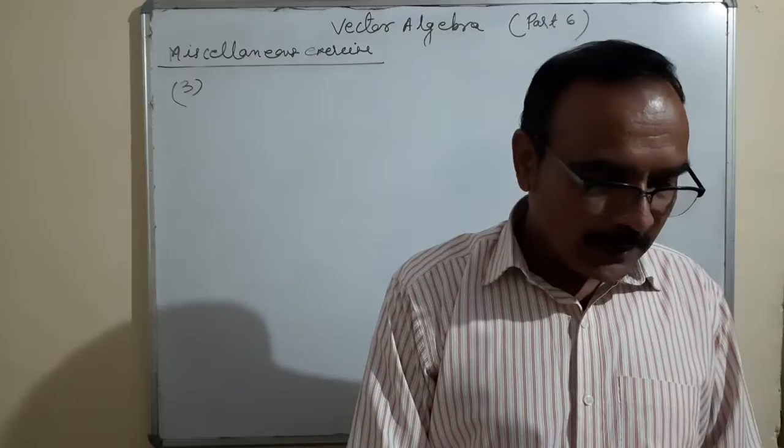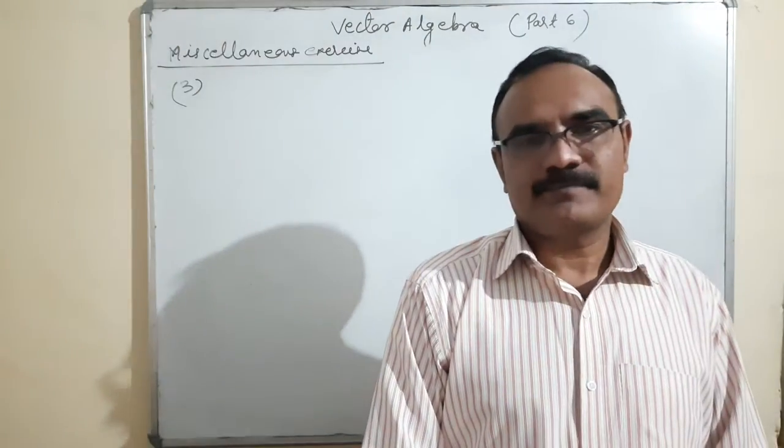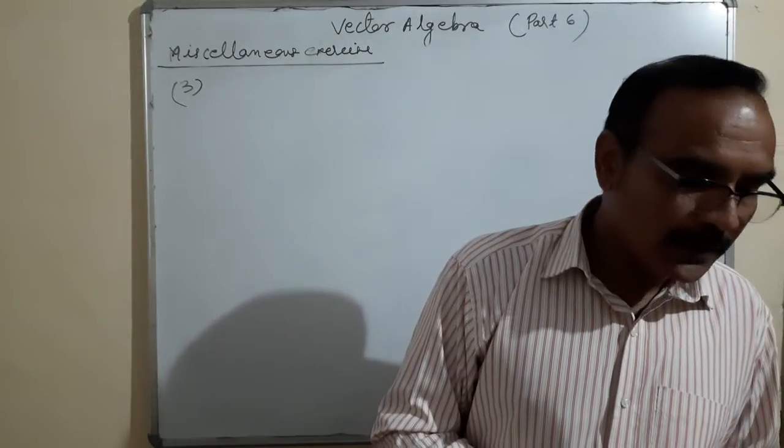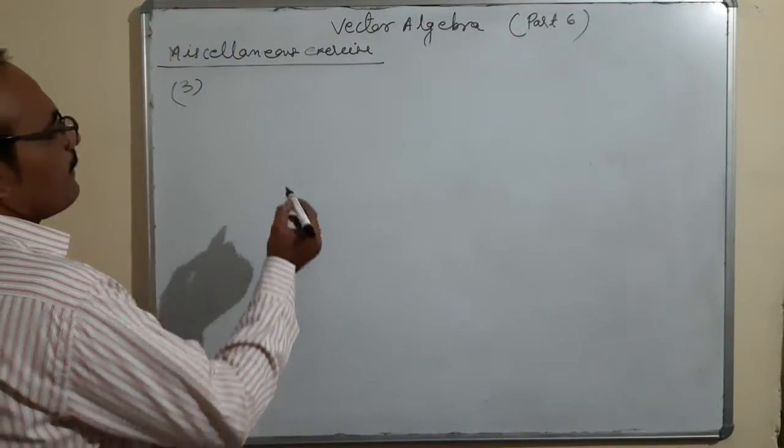Determine the girl's displacement from her initial point of departure. It's a very interesting question. A girl walks 4 kilometers towards west.